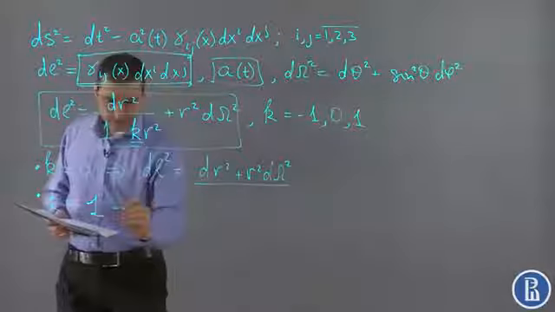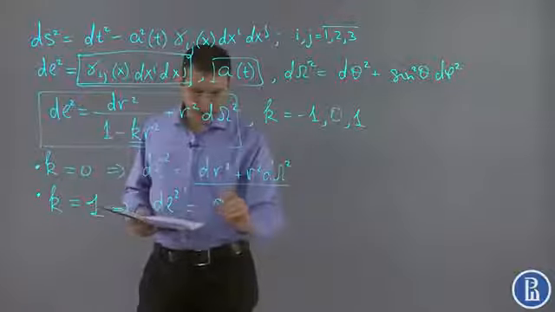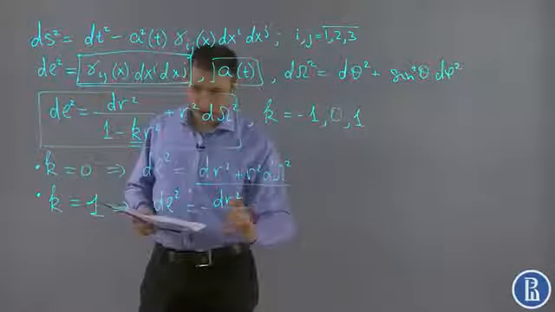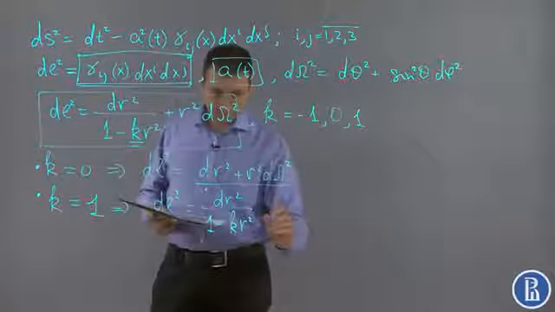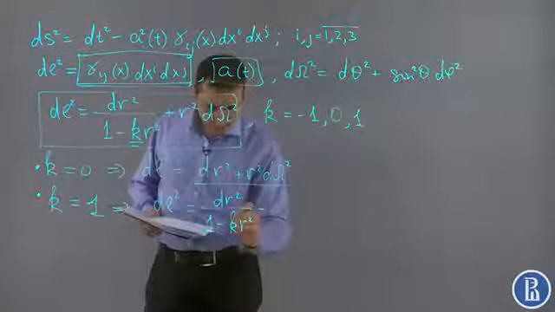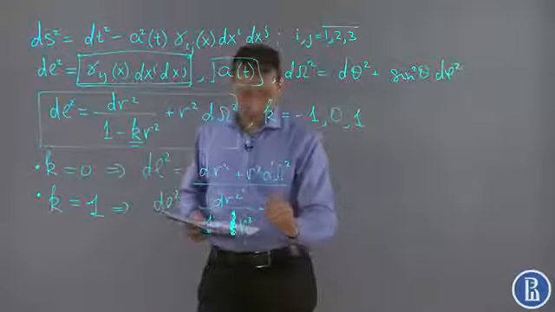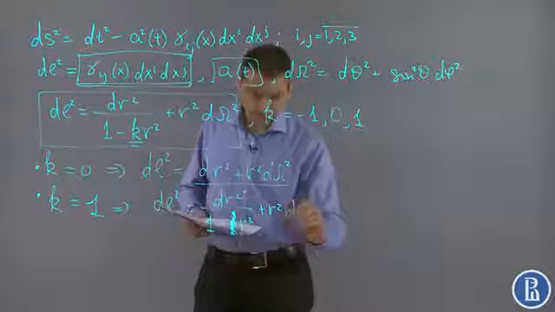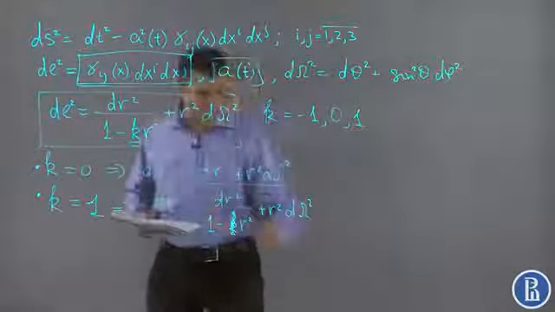So the second case is when k equals 1. In this case, we obtain dl squared, which is dr squared divided by 1 minus k r squared, sorry, k is equal to 1, so here stands 1 minus r squared, plus r squared d omega squared. Now we can make a change of coordinates in this case.